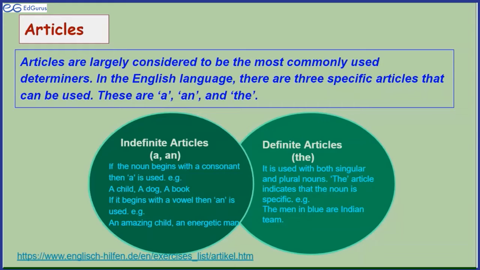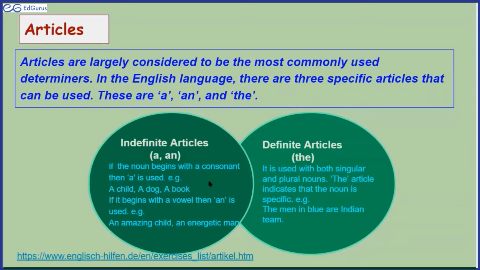There are 3 specific articles that can be used. Articles have always been only 3: a, an, and the. A and an are indefinite articles. The is the definite article. Now, why are a and an indefinite? First of all, you see the use of a and an.